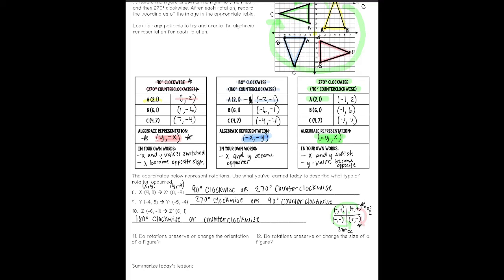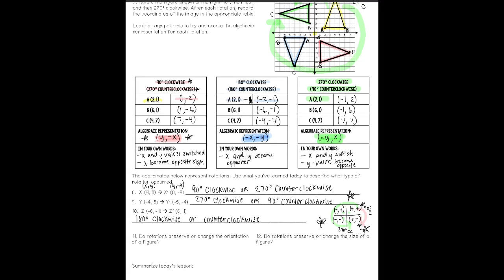So if you're having trouble with just looking at your points and determining how it's being rotated, you can always draw this little graph here and write your positives and negatives and then put stars where they end up and then draw your arrows. If that helps you, that's fine. Whatever's going to help you out here, I want you to try to do, okay?